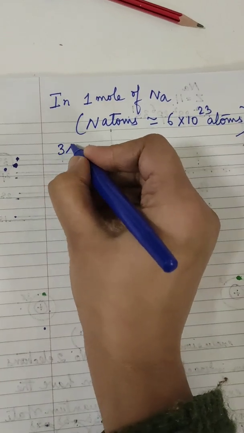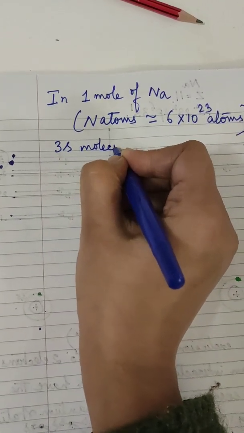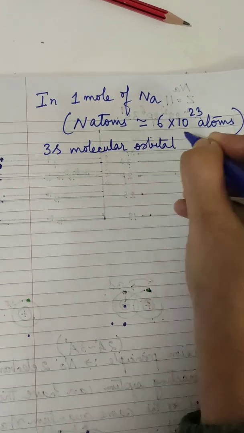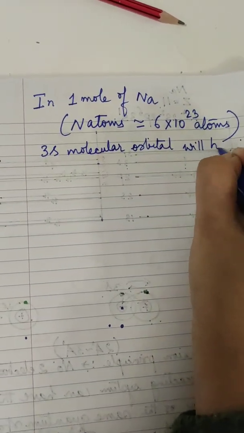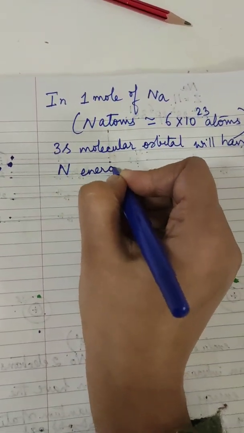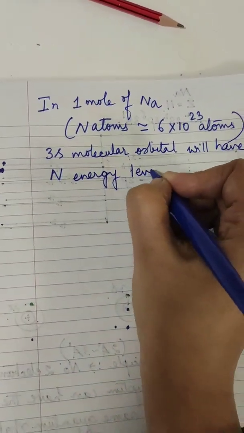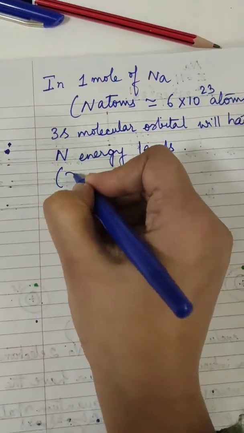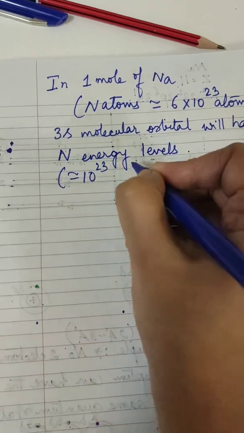The 3s molecular orbital will have n energy levels. N energy levels means how many? 10 to the power 23. That is nearly 10 to the power 23 energy levels.